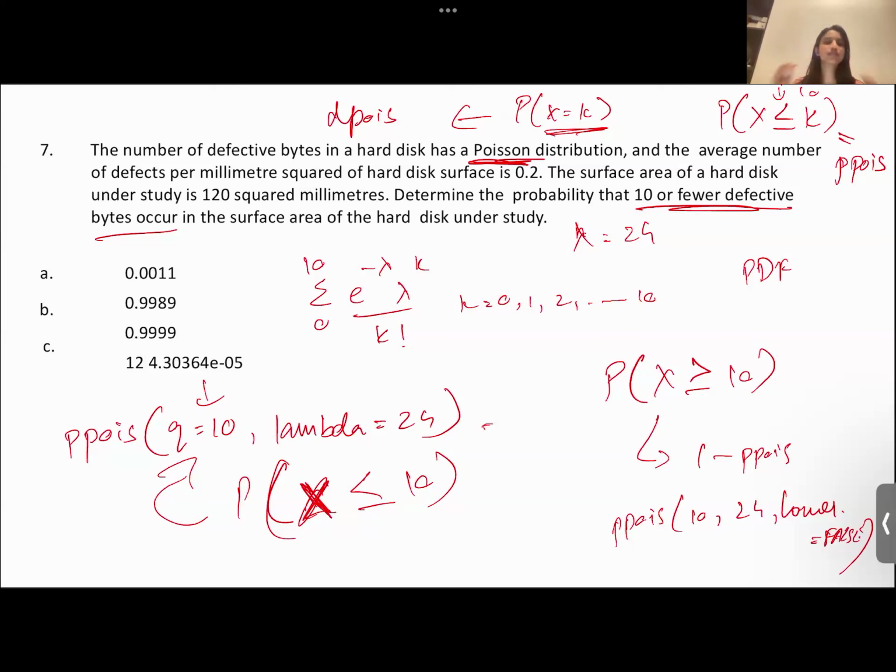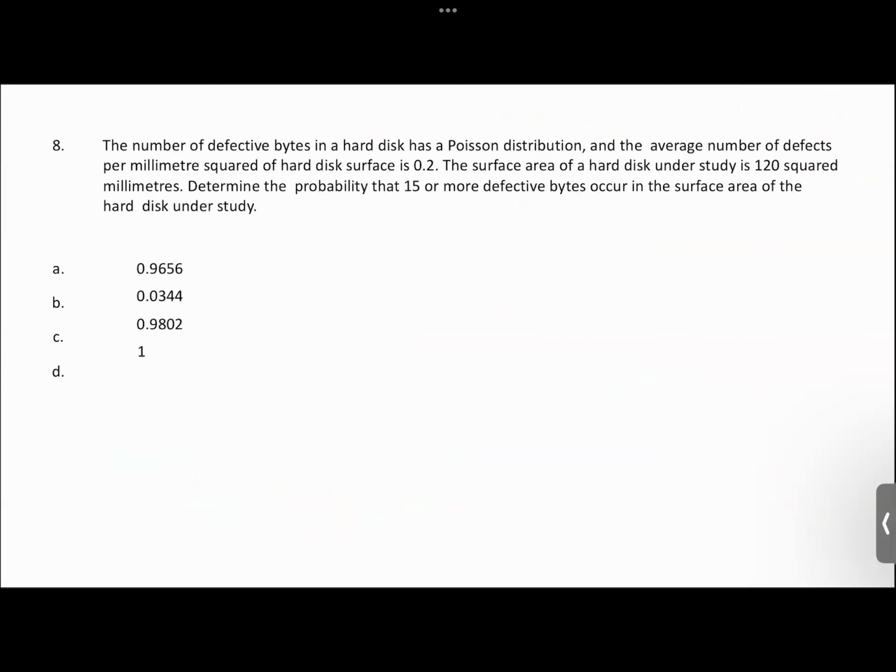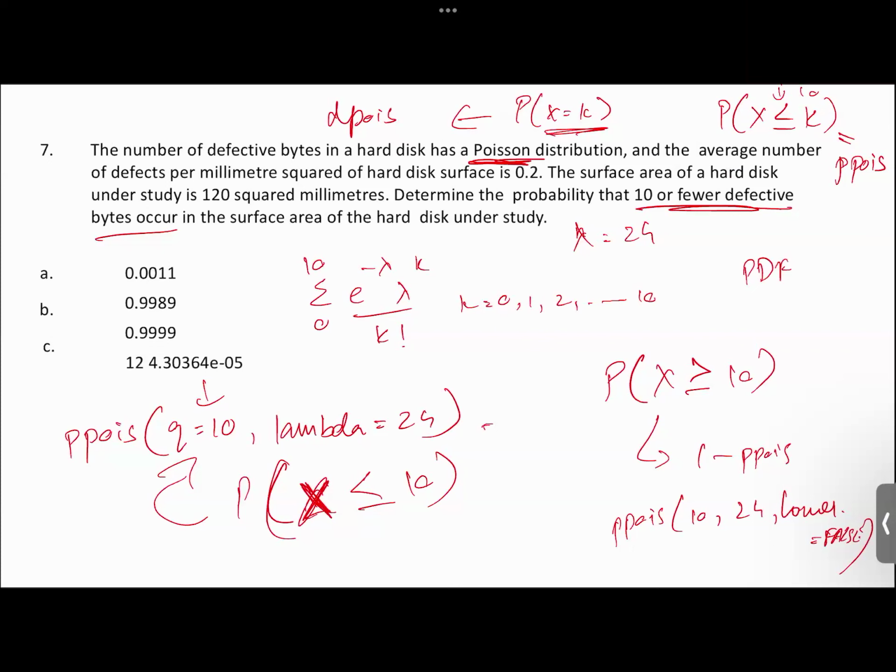Whichever makes sense to you, you can use that. Lower tail, yes. Thanks. So lower tail basically gives you 1 minus less than or equal to k.